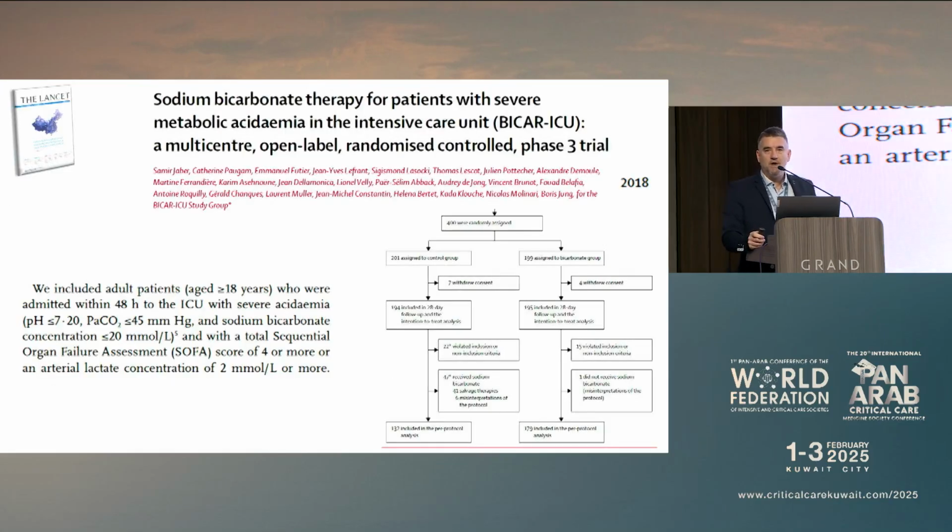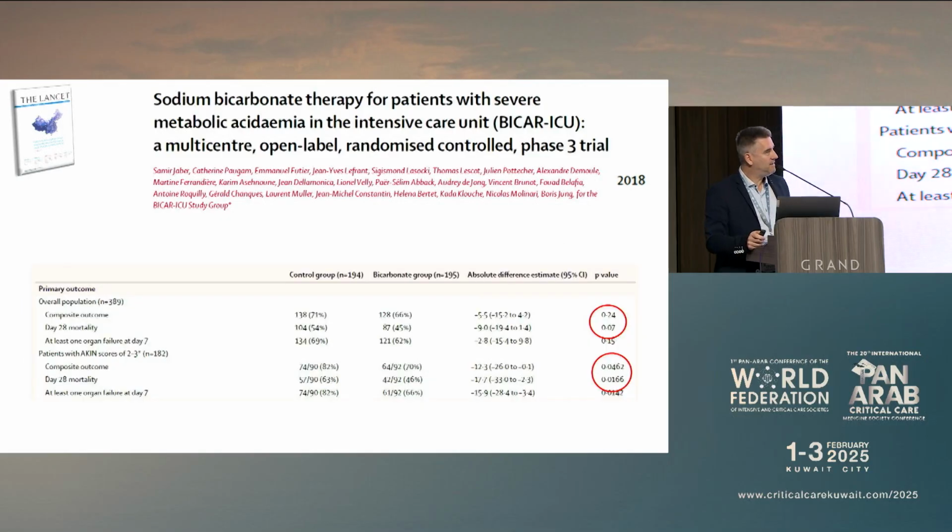The big study, BICAR-ICU, the largest randomized controlled trial on sodium bicarbonate infusion for metabolic acidosis. And you can see pH 7.2 with a normal PCO2, and they gave sodium bicarbonate, and a small beneficial effect for a composite outcome for the patients, but for the patients with acute kidney injury.